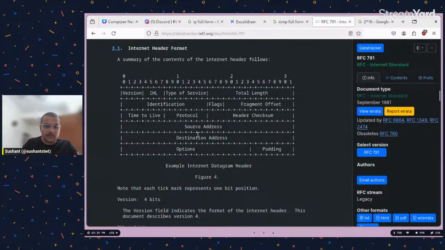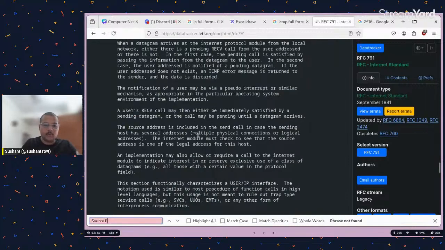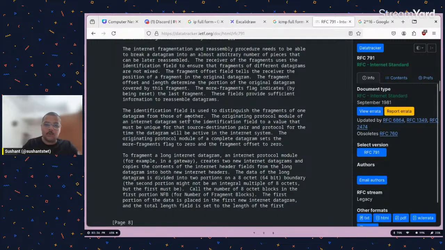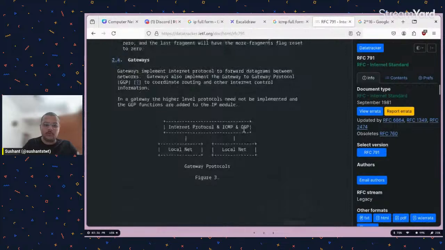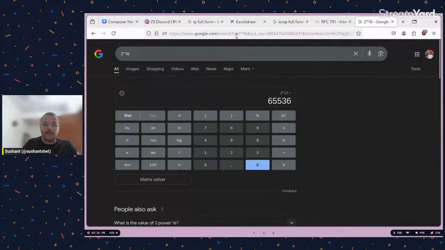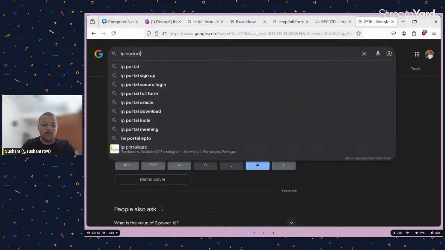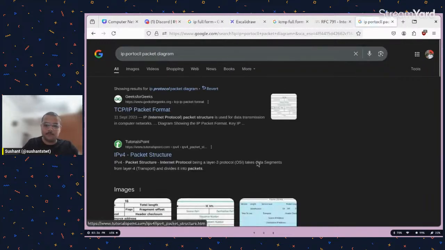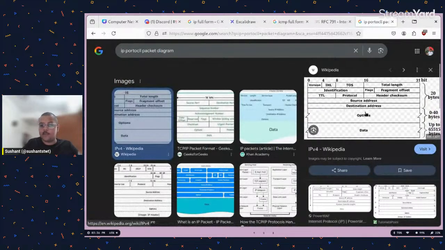Over here, do I see ports? Source port, no, destination port. I can't find the diagram, but it's a really awesome diagram which basically shows you why we can have 2 to the power 16. IP protocol packet diagram. Yeah, I think this is the one.